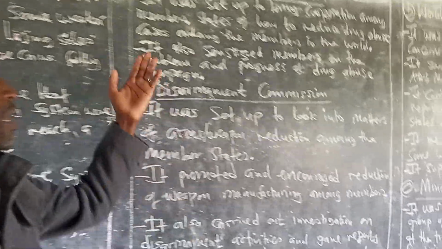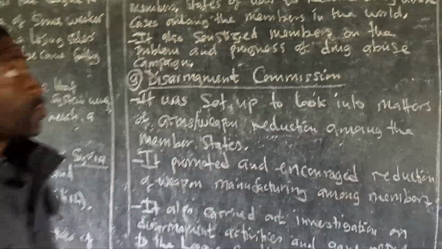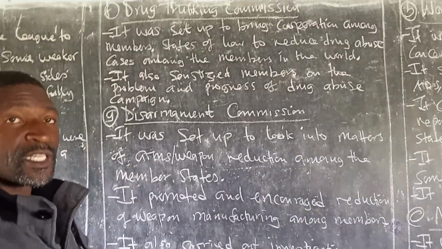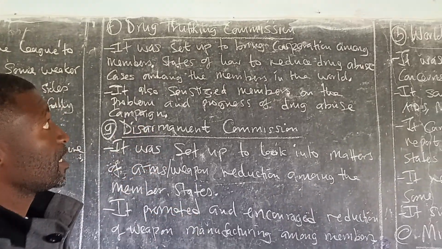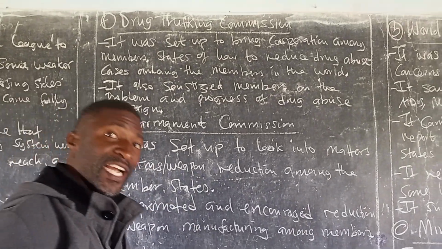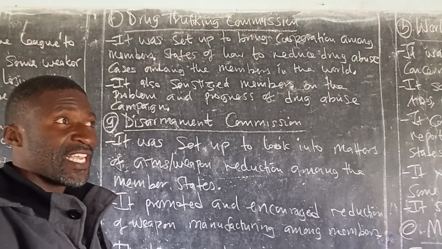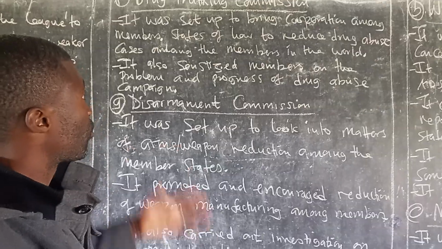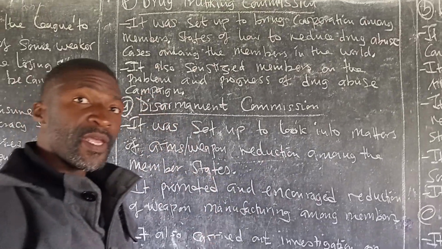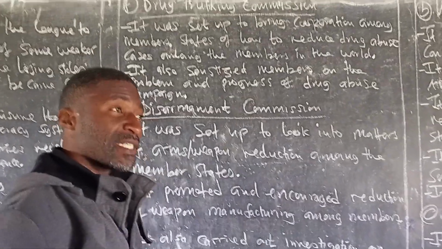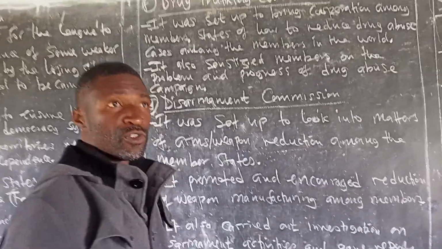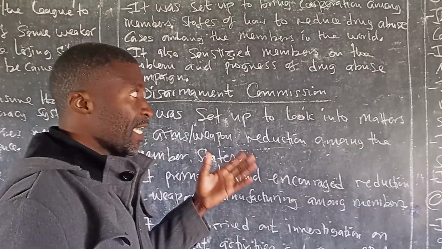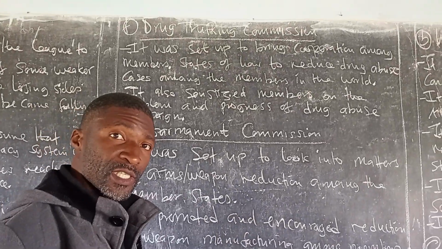Then we have the Drug Trafficking Commission. It was set up to make sure that there is cooperation among member states so that drug trafficking is reduced or alleviated. So what did this commission do? It sensitized member states on the issues of drug trafficking, and it made sure that reports were given.